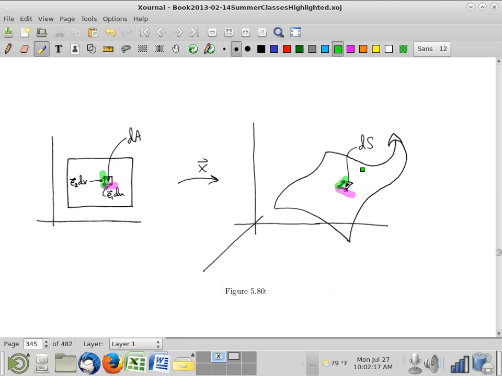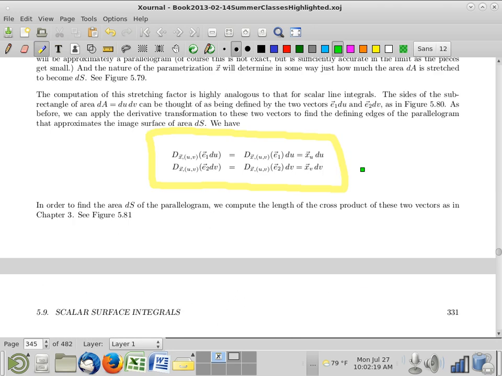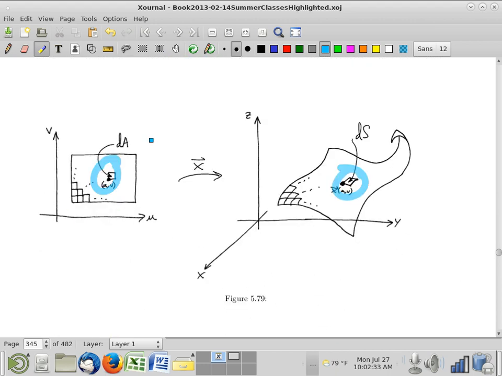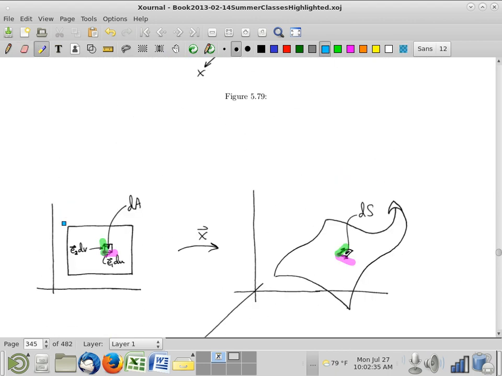Computing those two vectors, hopefully this will look familiar. I put in these two input vectors and apply the derivative transformation. That's the derivative transformation of this function, this parameterization function.